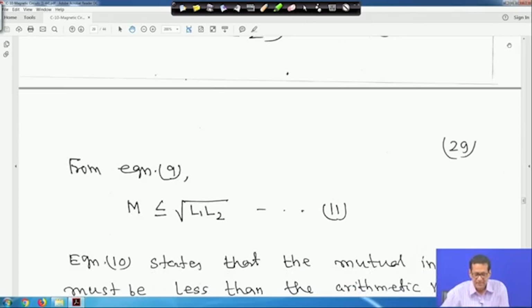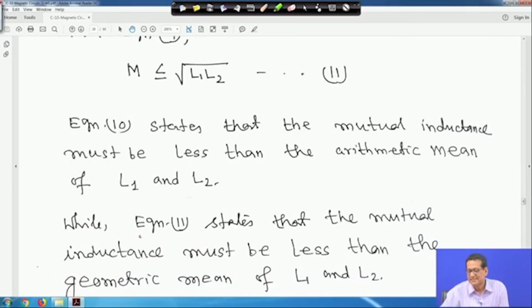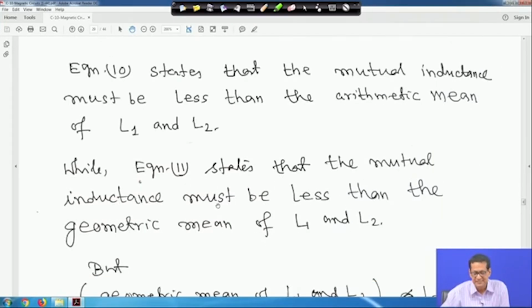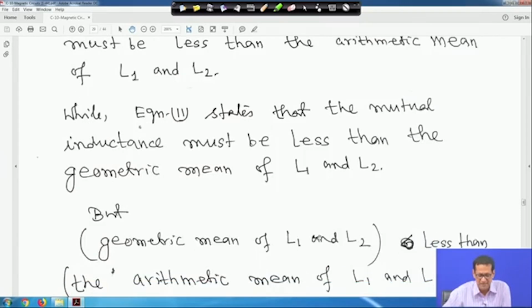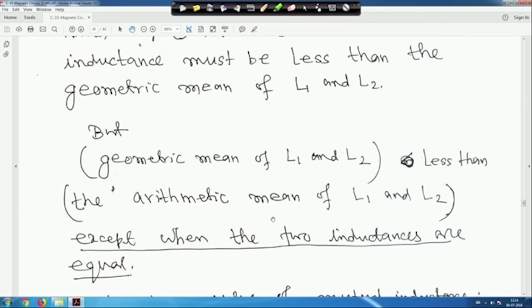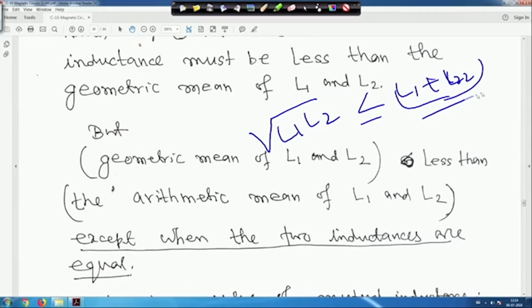So, equation 10 states that the mutual inductance must be less than the arithmetic mean of L1 and L2, while equation 11 states that mutual inductance must be less than the geometric mean of L1 and L2. But the geometric mean of L1 L2 is less than the arithmetic mean if they are not equal, that means root over L1 L2 is less than or equal to (L1 plus L2) divided by 2.